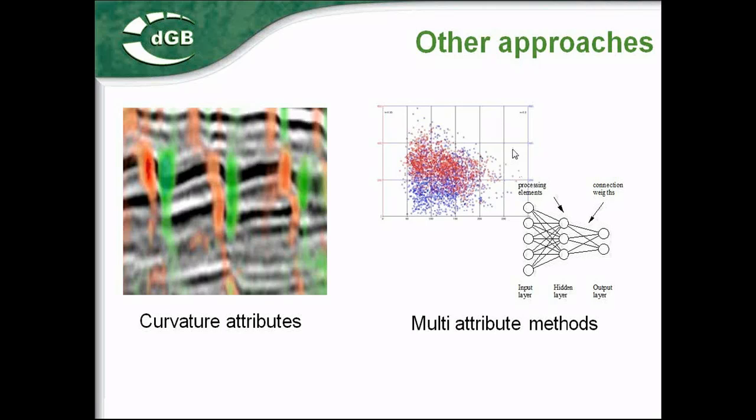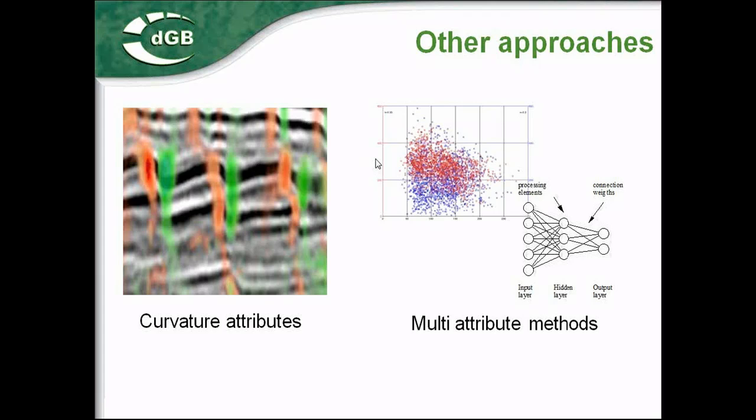in multi-attribute methods. And that can be something very simple. It can be an arithmetic combination or a simple statistical operation such as an addition or a multiplication, or taking a maximum of two attributes. It can become a little bit more complicated using cross-plotting, for example, cross-plotting curvature and discontinuity, and then highlighting fault steps that have both discontinuity and curvature values.